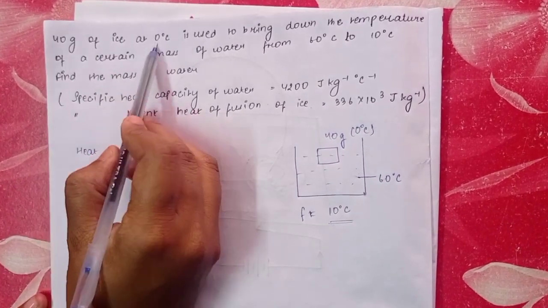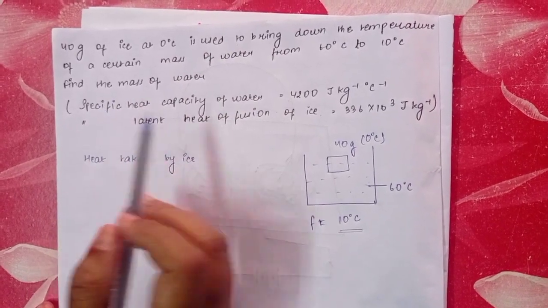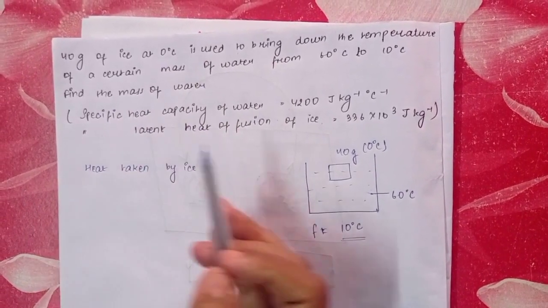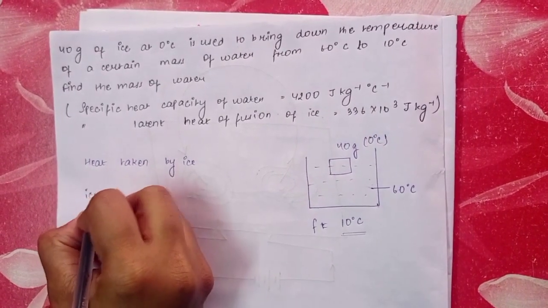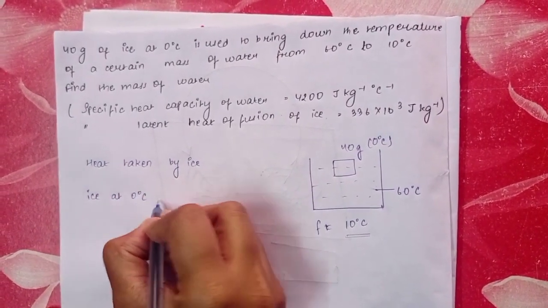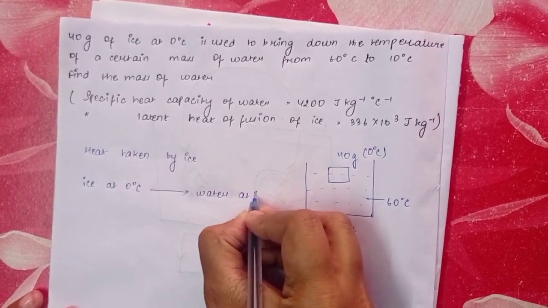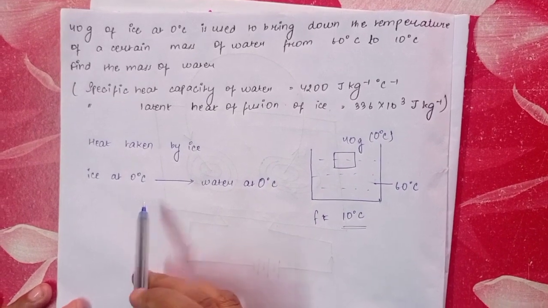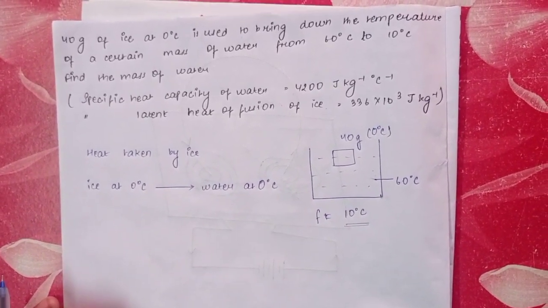First of all, the ice was at 0 degrees Celsius, but after taking heat it will convert to water at 0 degrees Celsius. It will not directly convert to water at 10 degrees Celsius. So ice at 0 degrees Celsius first converts to water at 0 degrees Celsius. So for conversion of state without any change in temperature, we consider the latent heat.